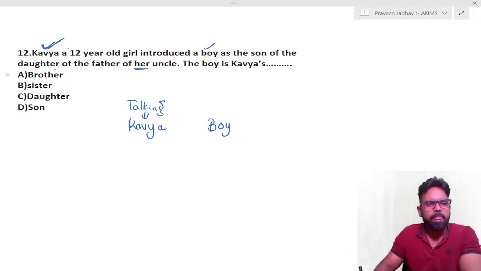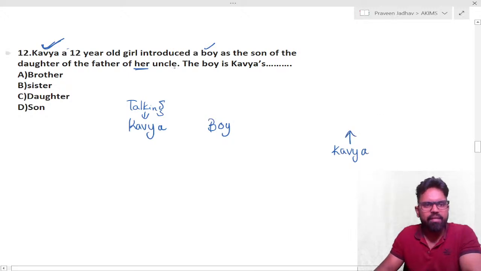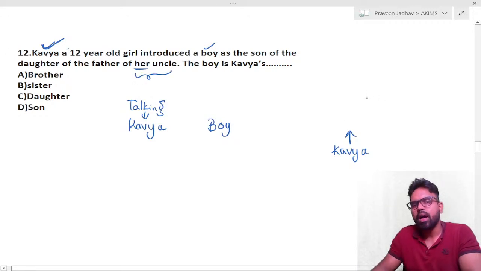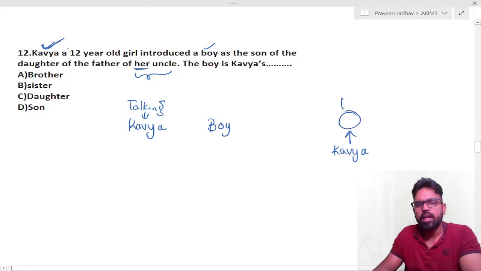Now, look at this. Her uncle, meaning whose uncle? Kavya's uncle. If Kavya is supposed to have an uncle, then there must be a parent. It can be mother or it can be father.